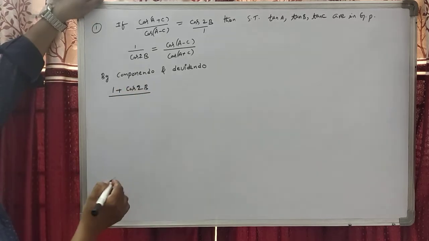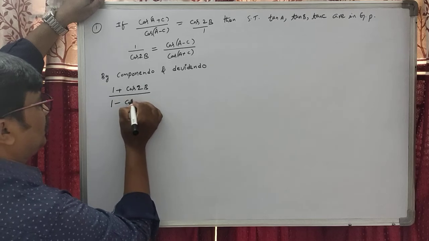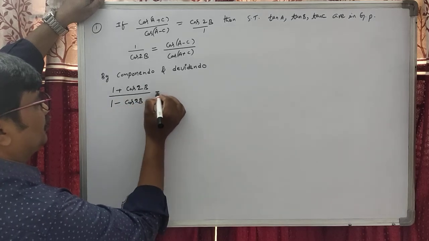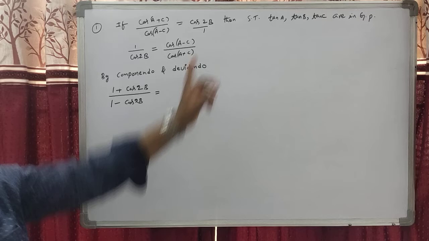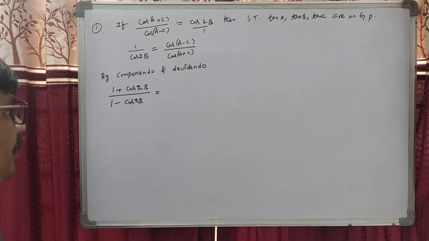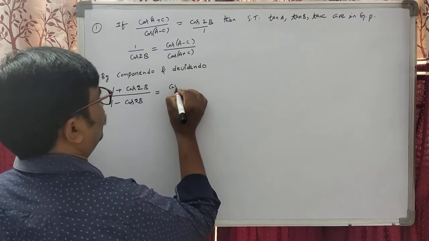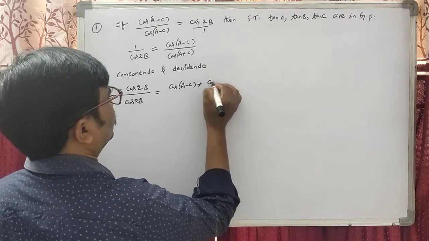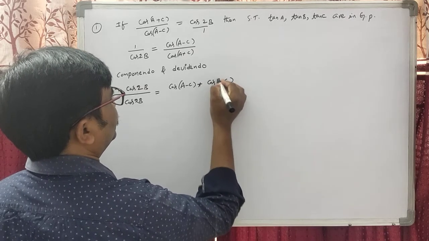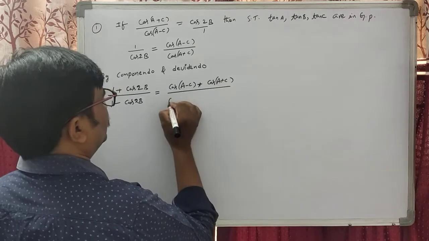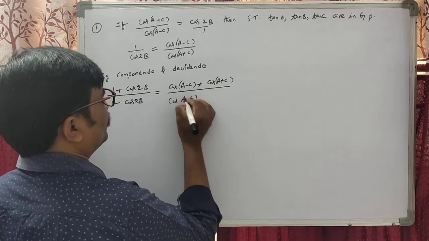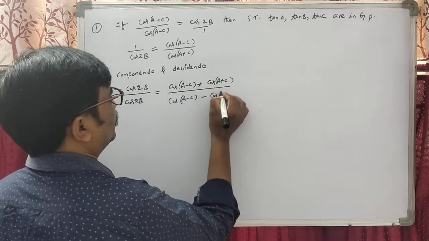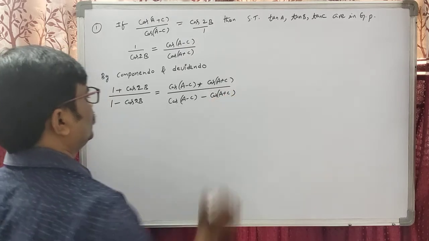Similarly, we take the minus sign, 1 minus cos 2b. Similarly, we apply componendo dividendo on the right hand side: cos(a-c) plus cos(a+c). After that, we take the minus sign between them, cos(a+c).